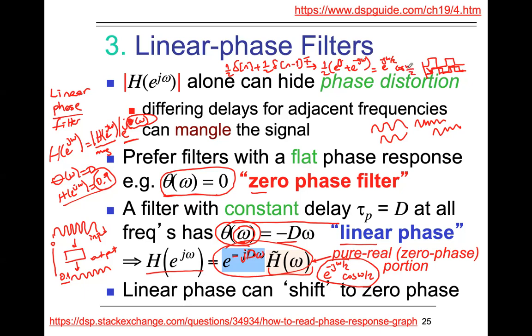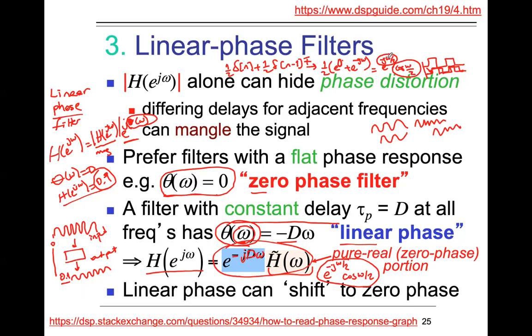We have done it twice. In one case, it was cosine. In the high pass case, it was sine. Do you remember that? Yes. So this is a linear phase filter. Why? Because I have my magnitude response and I have a fixed amount of delay for all omegas.